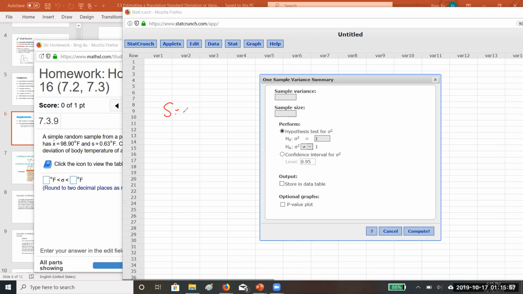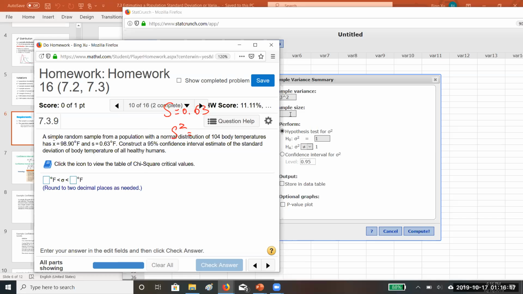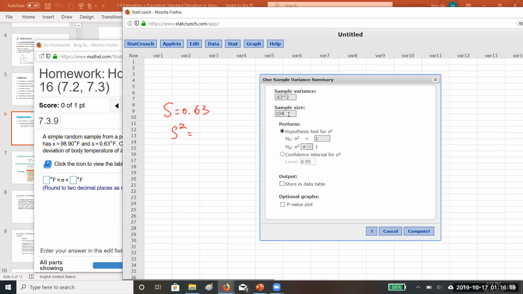S is 0.63, so S squared is 0.63 squared. I think they do the calculation here. Yes, so I would do it like that. And sample size is 104 for this problem.